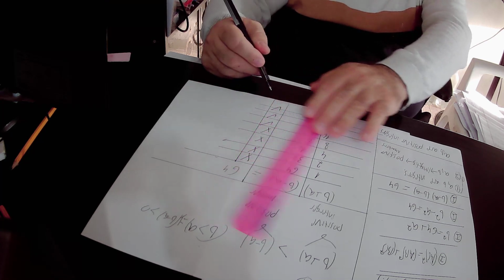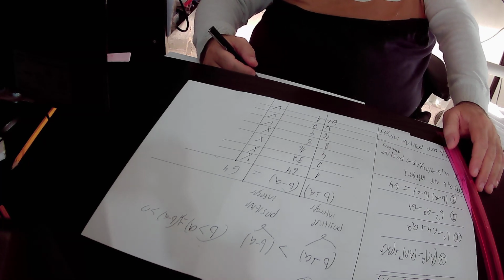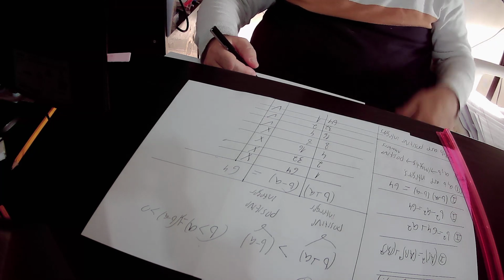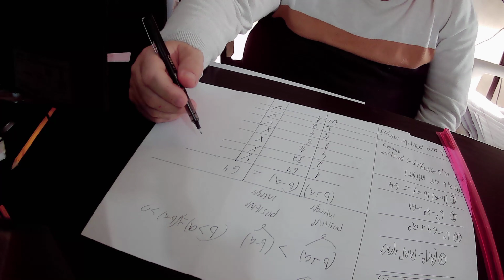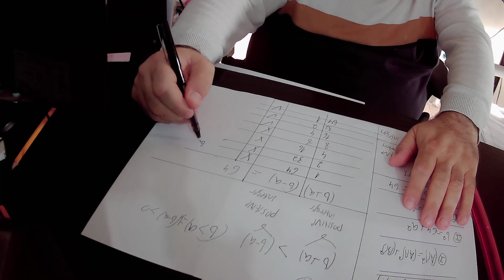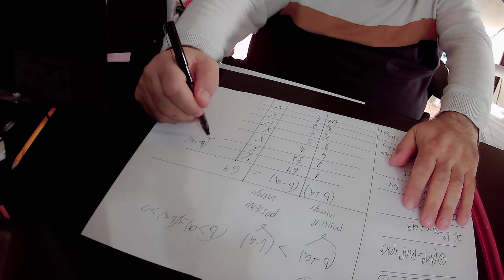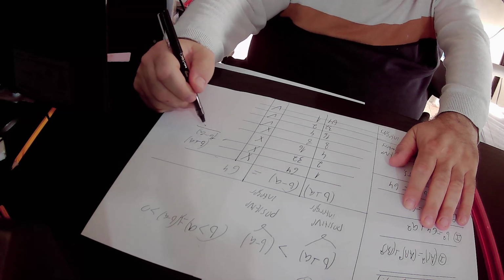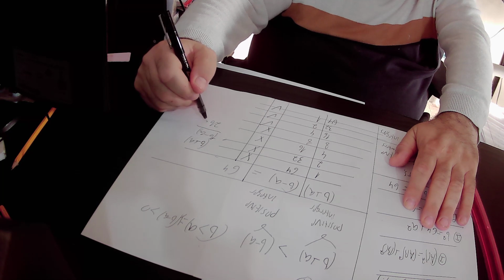In the next step, we will add the two numbers together in order to find out what is the result of adding the two numbers together. So we add b plus a to b minus a, and we get that b plus b is 2b and a minus a is 0.